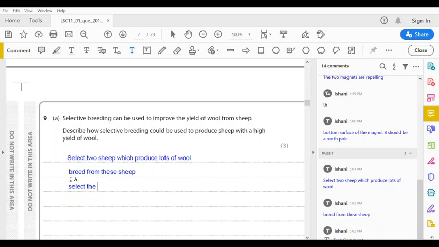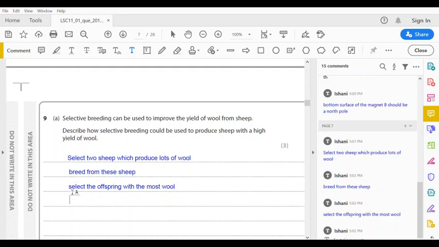Select the offspring with the most wool. Then the next step is again let them breed, breed from them.